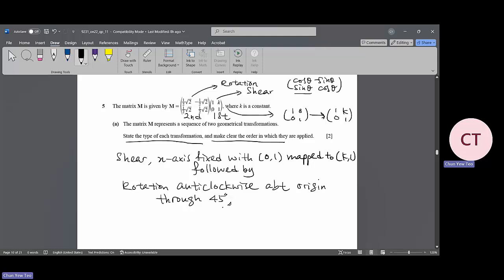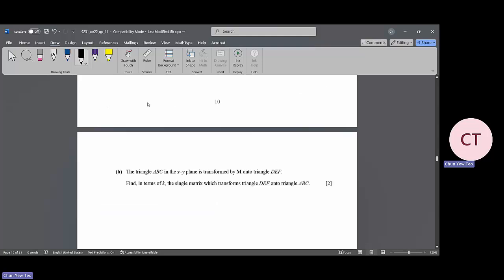Okay, so these will be the two transformations that are representing the M, with the correct sequence. So 5A is done already. Now we move to 5B.